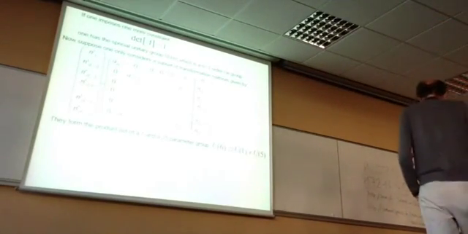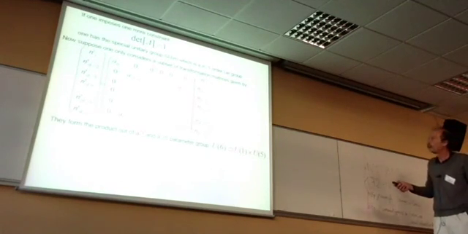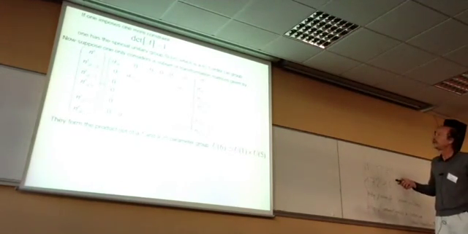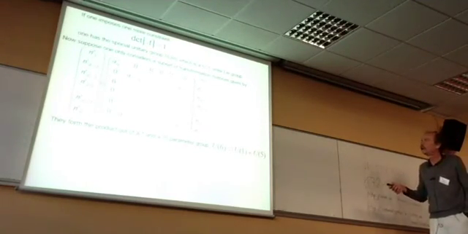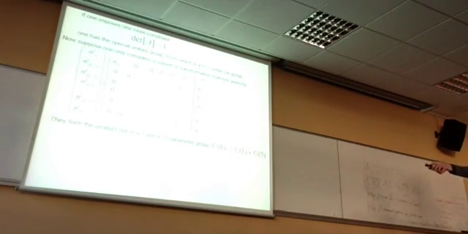Now, instead of having 36 complex numbers, we now have 1 here, and here we have 25. So it's clear that this class of matrices forms a subset of the other class of matrices.